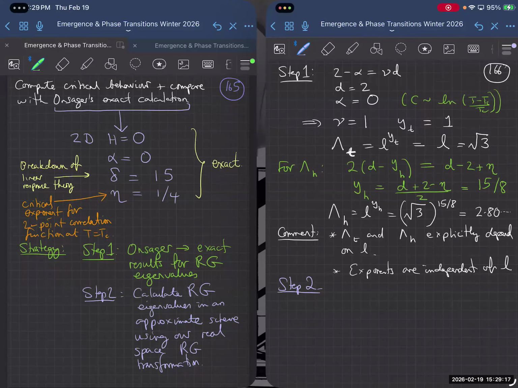So what we're going to do now is we're going to coarse grain explicitly. Now I need to go through that fairly carefully.